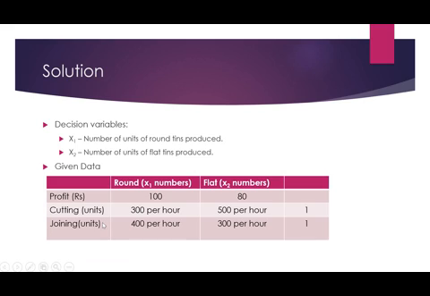Similarly, joining 400 tins per hour for round, 300 tins per hour for flat. And the maximum duration that is available with us, we are going by the assumption because it is not specified and they have very clearly mentioned in the problem that it is per hour manufacturing. So we assume 1 hour to be the maximum duration available for cutting and the maximum duration available for joining.